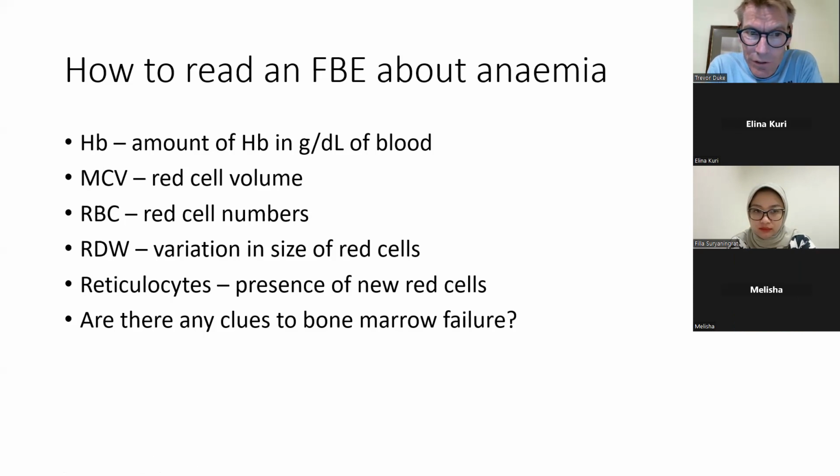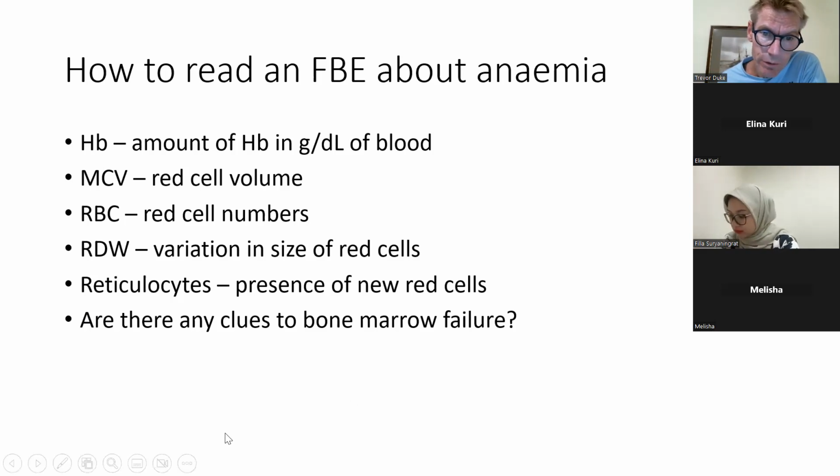Firstly, it tells you that the bone marrow is actually working because it's making new red blood cells, and it can give you an indication as to what type of anemia it is. With hemolysis or blood loss, you get a high reticulocyte count, so that can be a useful clue. And if the reticulocyte count's low or zero, it's a clue that the bone marrow is not working.